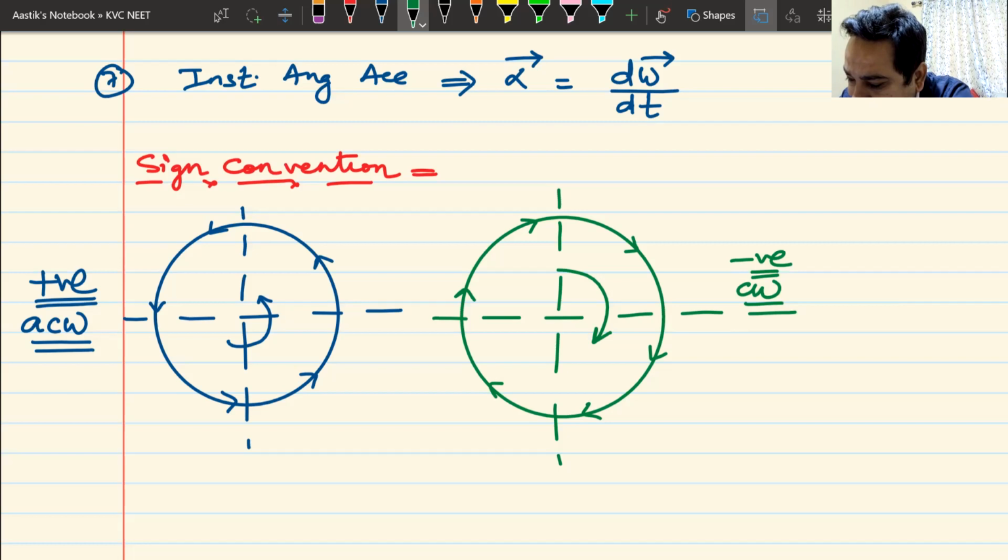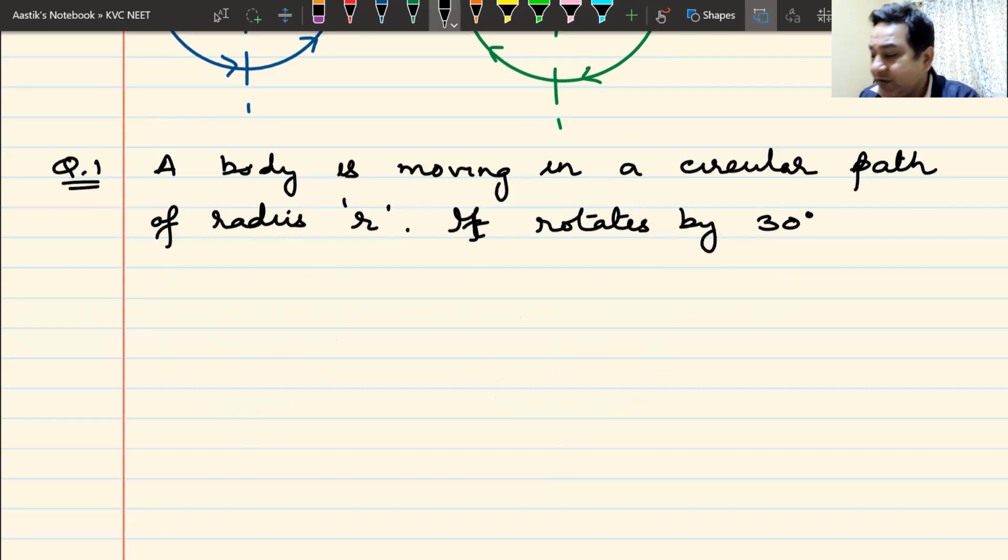It rotates by 30 degrees in 5 seconds anti-clockwise.